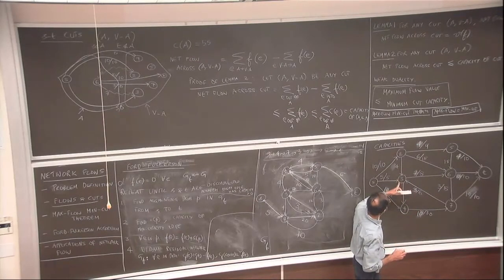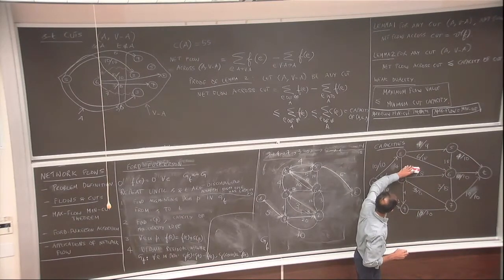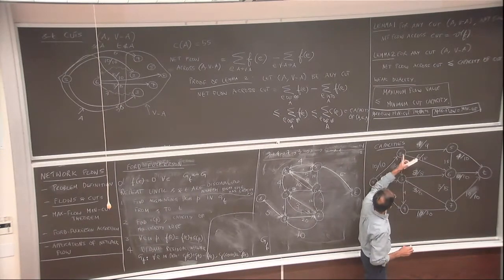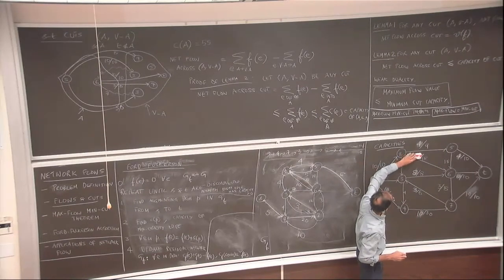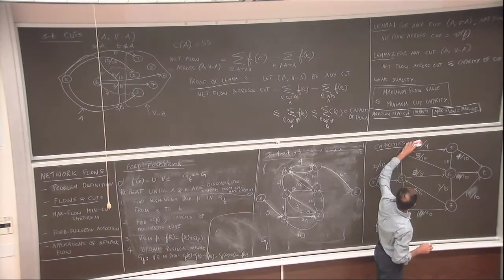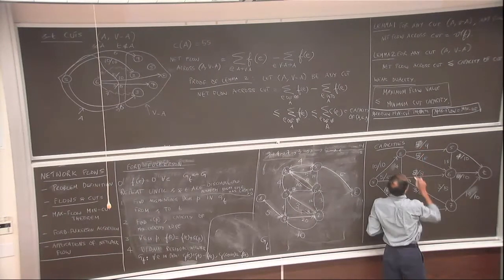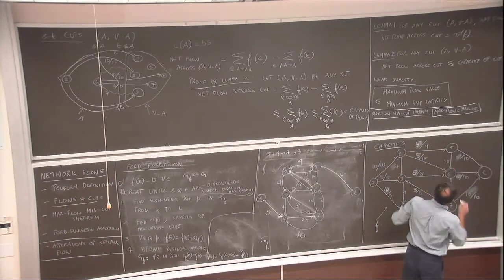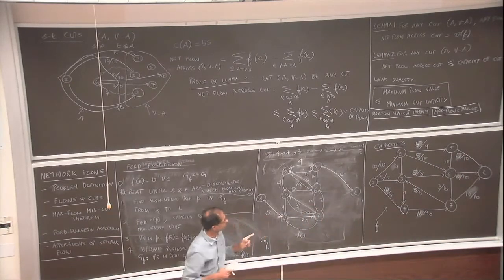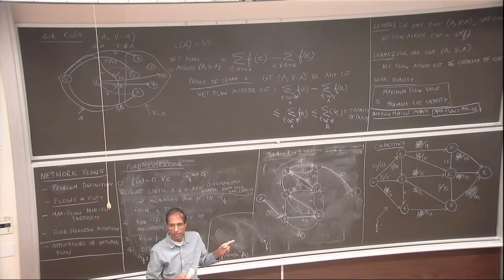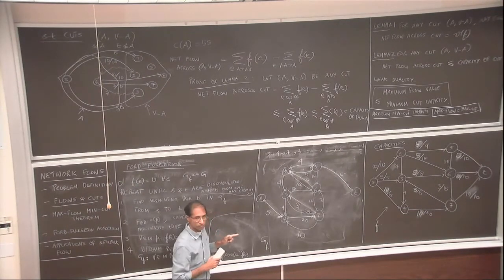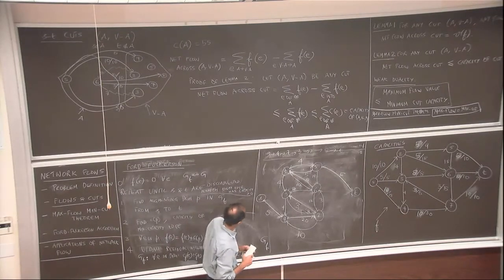The next one was 3 to 6, right? 3 to 6 became 8. 6 to 2, so this became 5. 2 to 5 became 5, 5 to T. Good. What's the total value of that flow right now? 25. Is there a path from S to T? Yeah.